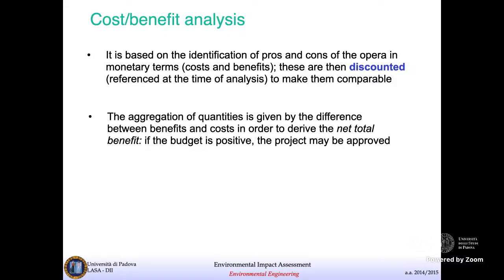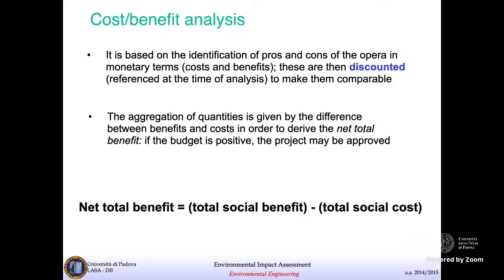The aggregation of quantities is given by the difference between benefits and costs in order to derive a net total benefit. If a total budget is positive, then the project shall be approved. If it is negative, then the project may not be approved.